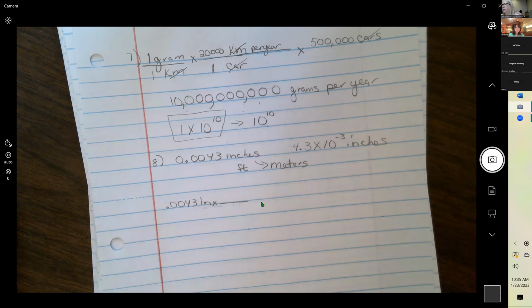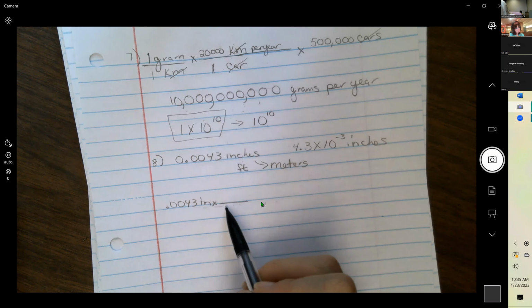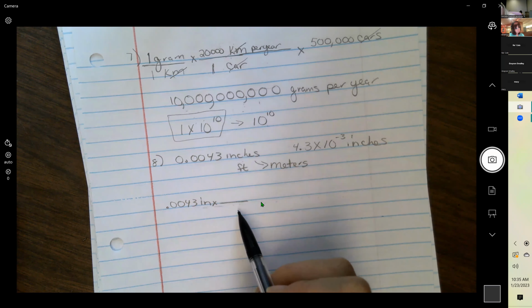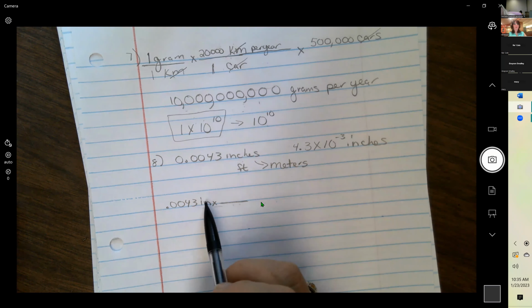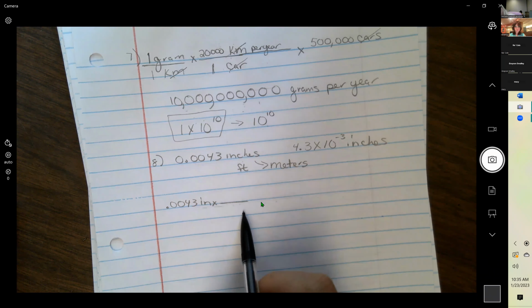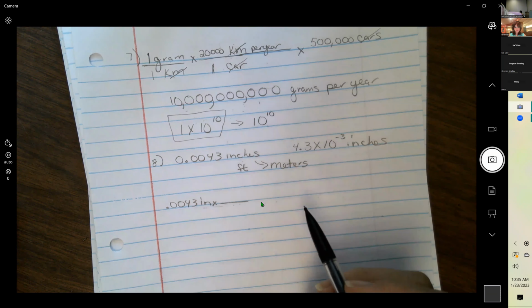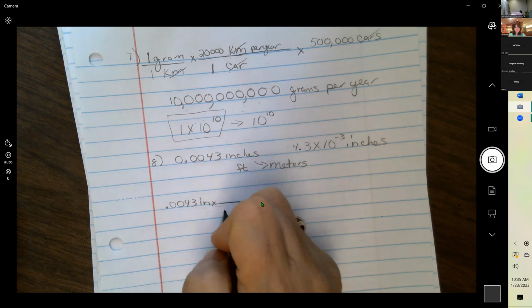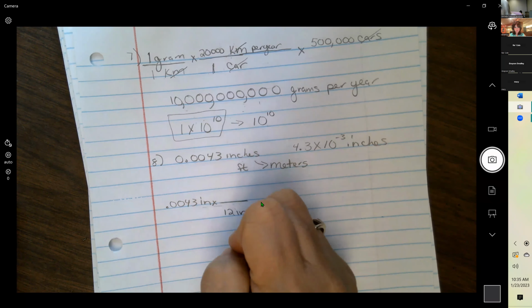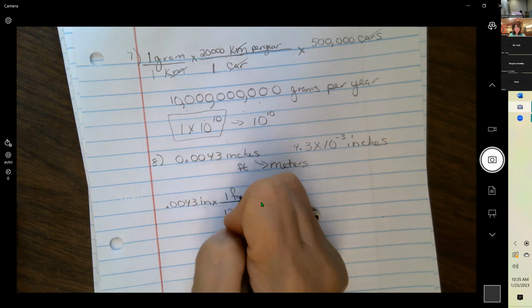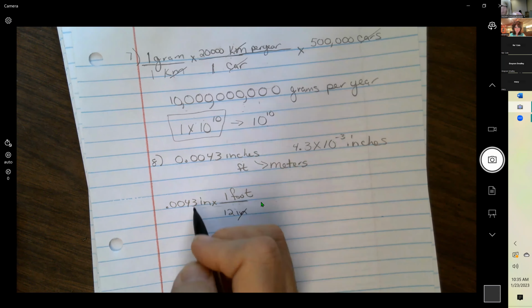We said earlier, 12 inches is a foot. Now I have to think about if I want inches or feet in the bottom. This inch is on top, so the other inch needs to be in the bottom so I can get rid of them. Which means I need the 12 inches in the bottom and the 1 foot on top. That way my inches will cancel.